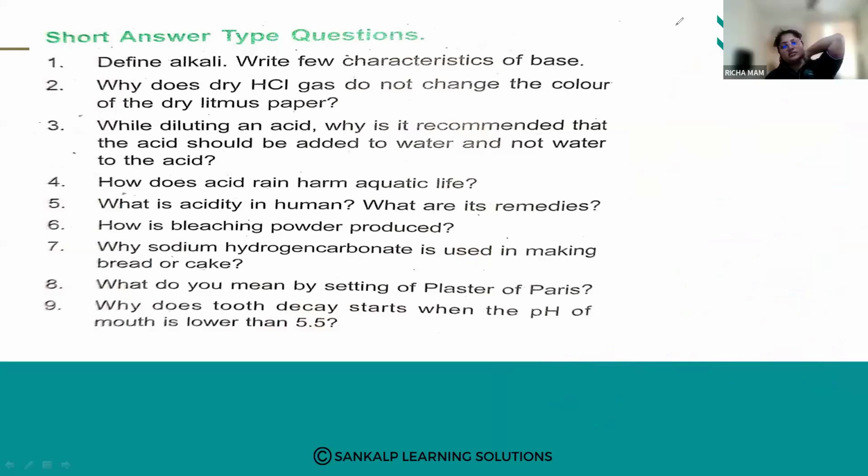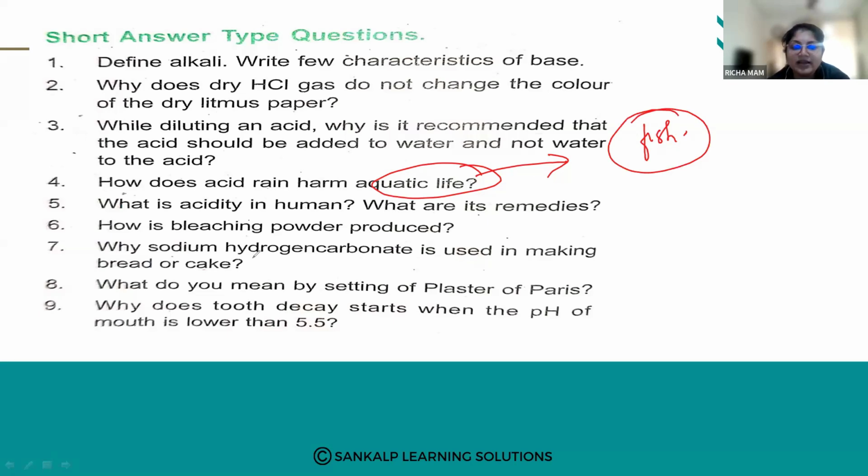Next question. How does acid rain harm aquatic life? Aquatic life means the fish and other aquatic organisms present in ponds, lakes and seas. So how does acid rain harm aquatic life?